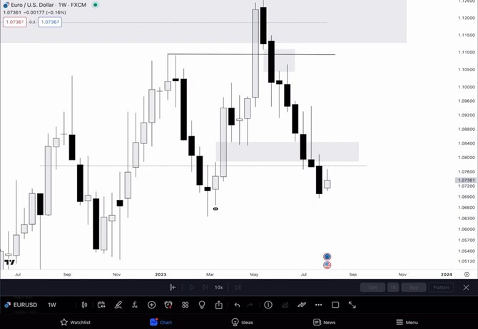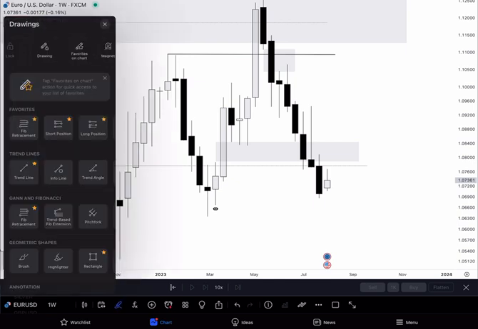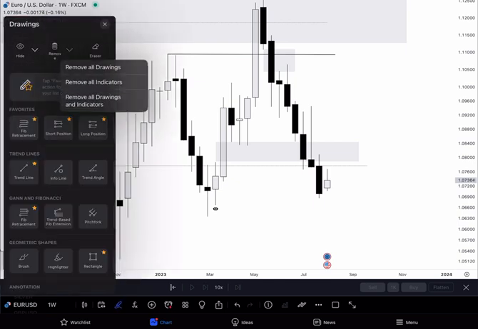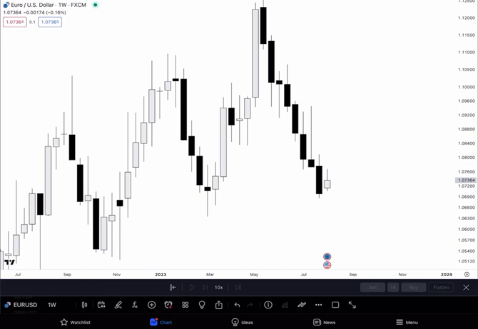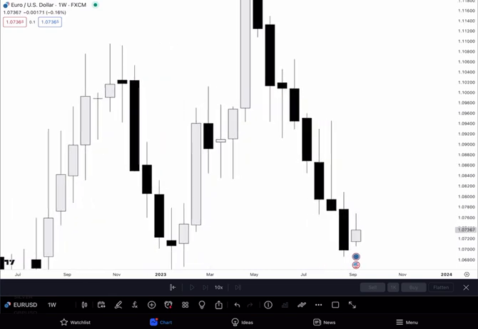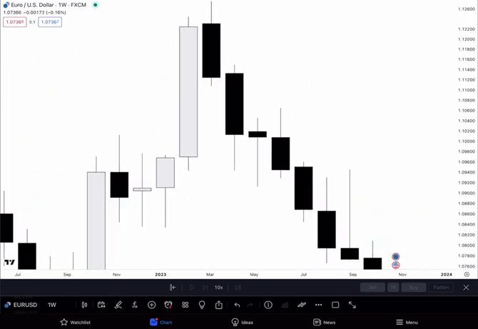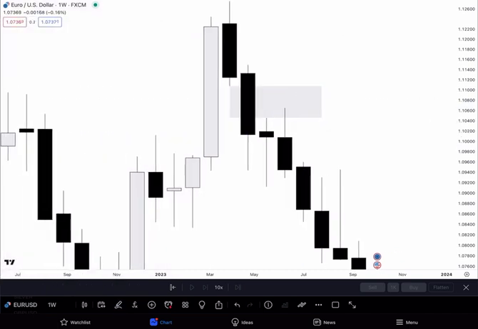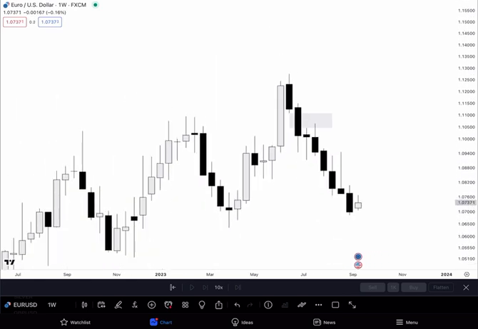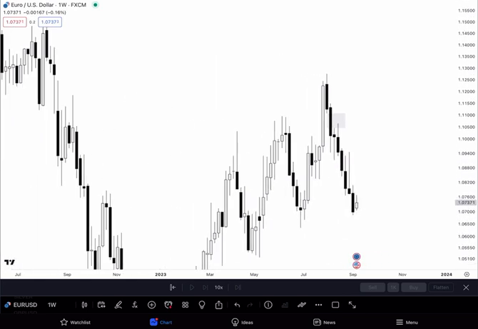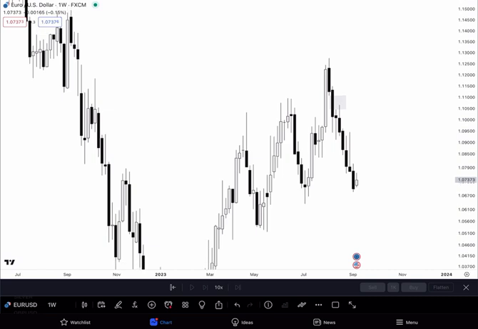Now, how would you align yourself with all this? And let's zoom in on this specific part. How would you align yourself for such a movement? Keeping in mind the higher time frame, right? The context, and the bigger picture, right?